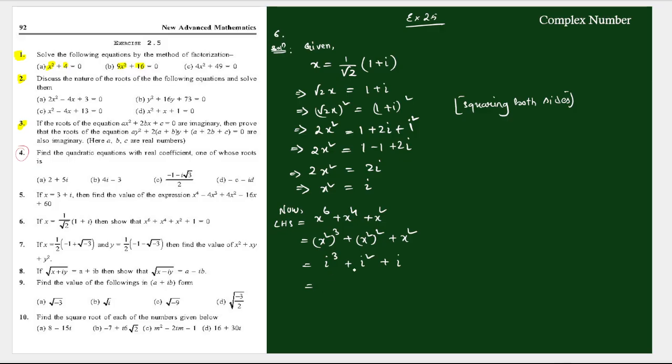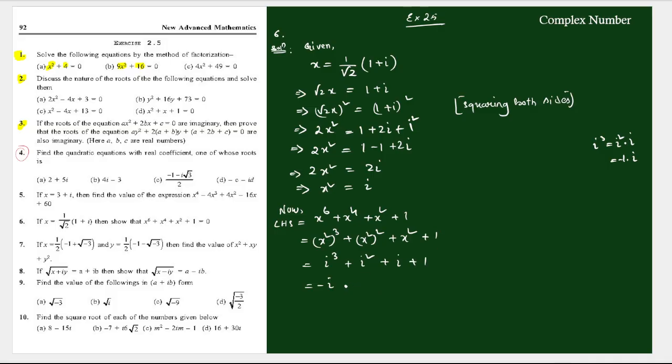Now the value of i cubed is what? i square into i, i square is minus 1, so minus i. Oh, plus 1 is also there, I was missing.